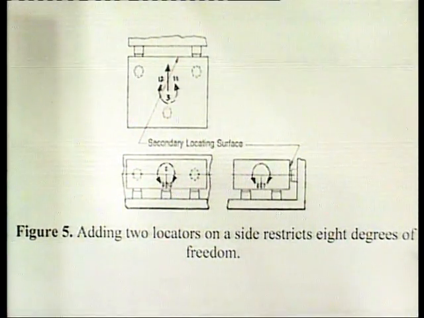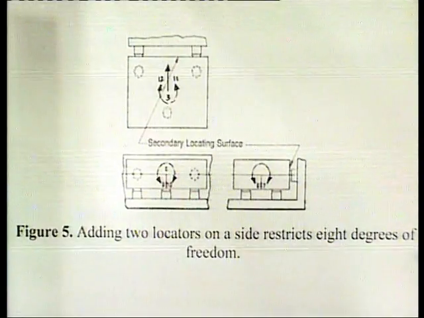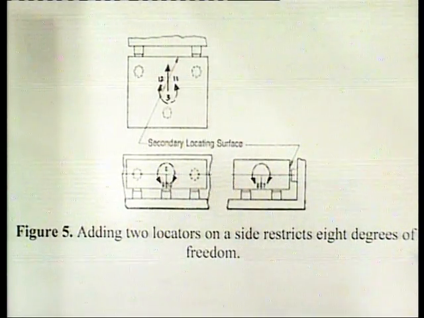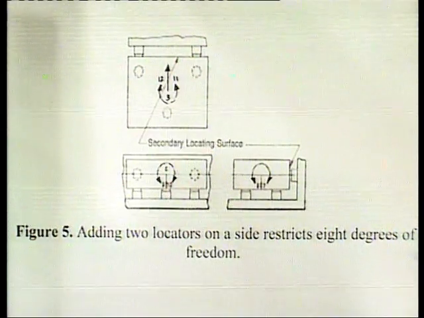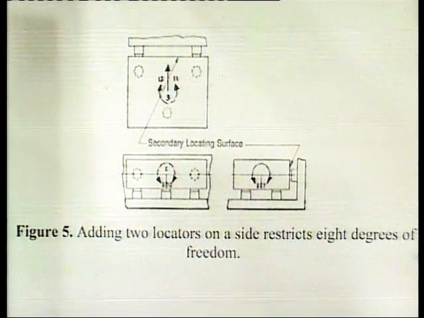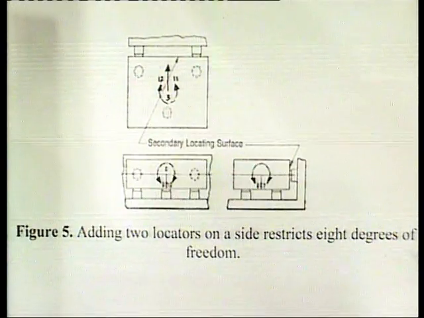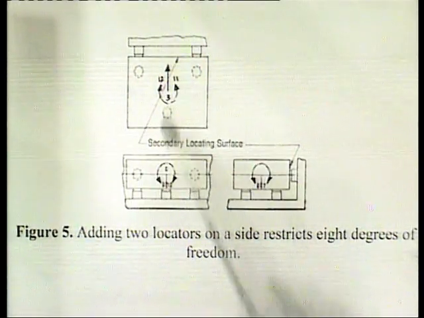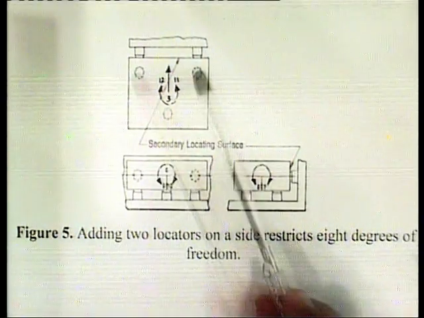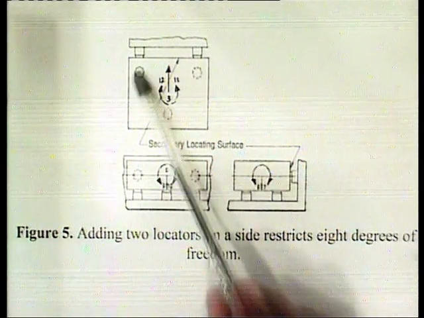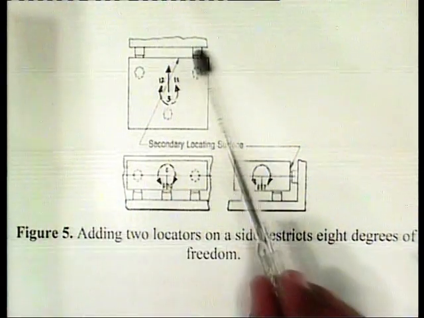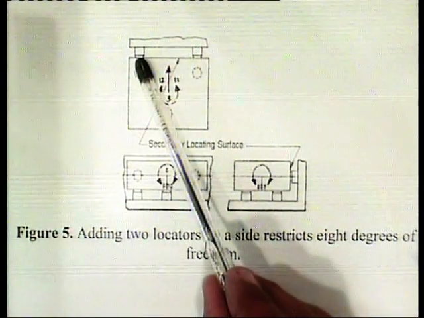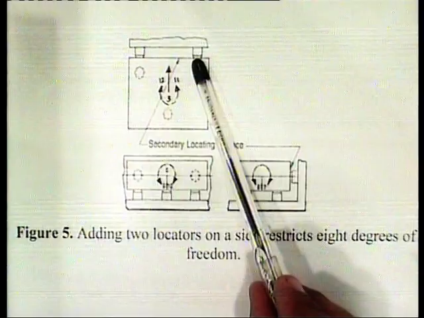So, here in this figure 5, we are adding an additional 2 locators on a side, which restrict 8 degrees of freedom in total. These are the 3 locators which we have already placed under this workpiece, and side by side we have placed these 2 locators on the side.